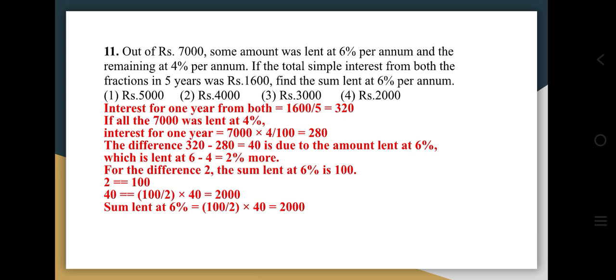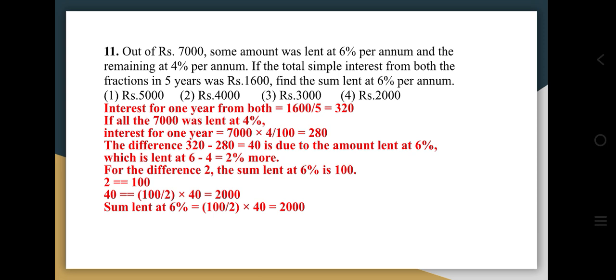Divide 1,600 by 5. So 1,600 by 5 gives you 320. So the total interest for 1 year is 320.